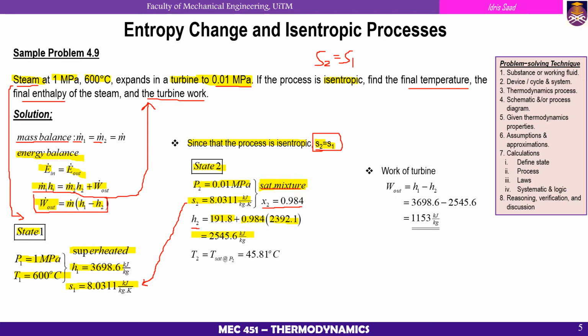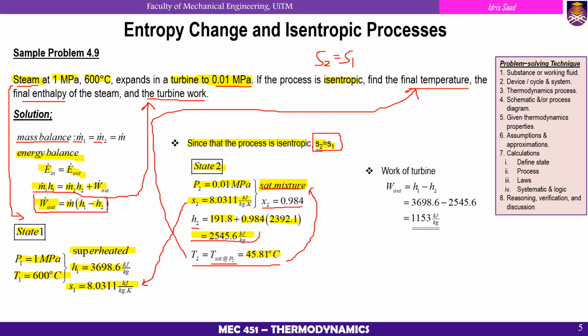Based on that, we can calculate and get 2545.6. Since state number 2 falls under the saturated mixture, the temperature T2 must equal the saturation temperature at the given pressure of 0.01 megapascal, and from the table we found the value is equal to 45.81. So we have already answered the first question, which is the final temperature. And the final enthalpy we also already found.